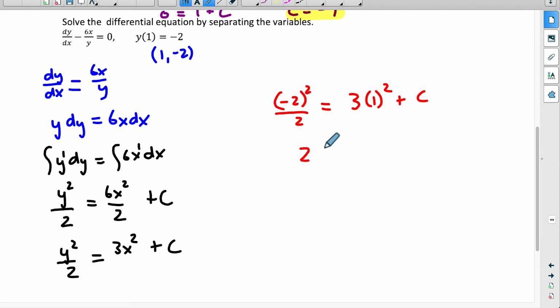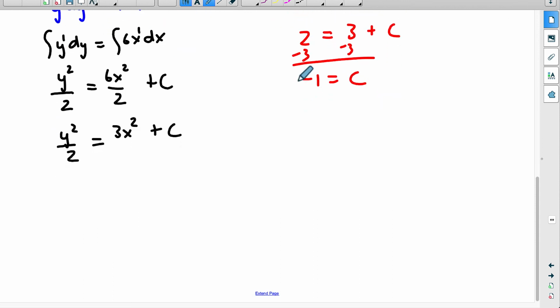So that's 2 equals 1 squared is 1 times 3 is 3 plus c. To get the c by itself, just subtract. So negative 1 equals c. So now I can plug this negative 1 into this c right there. So I get y squared over 2 equals 3x squared minus 1.